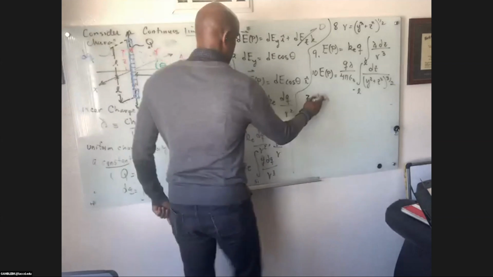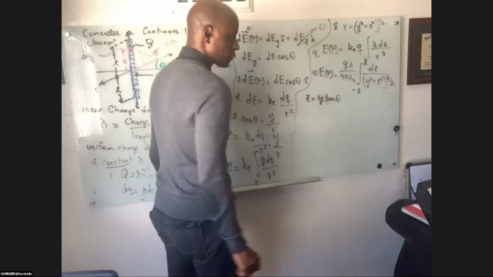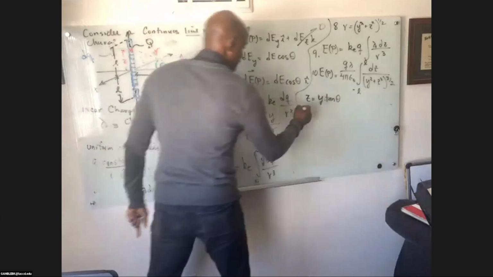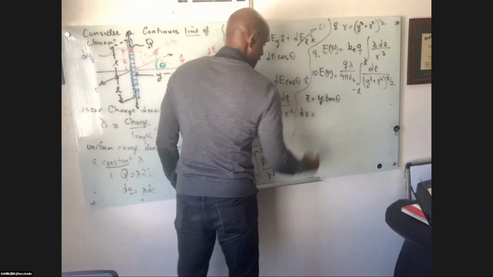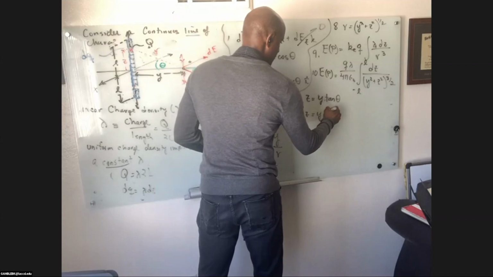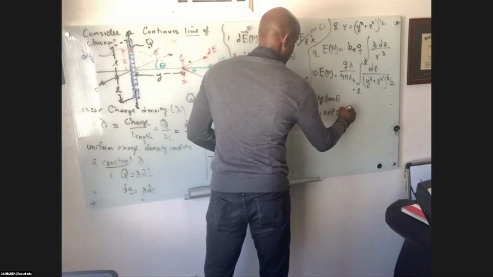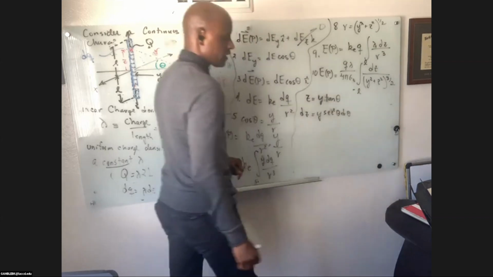So z is equal to y tangent theta. Taking the derivative, dz, the derivative of tangent is secant squared, so that's y secant squared theta, and you also have the d theta there.